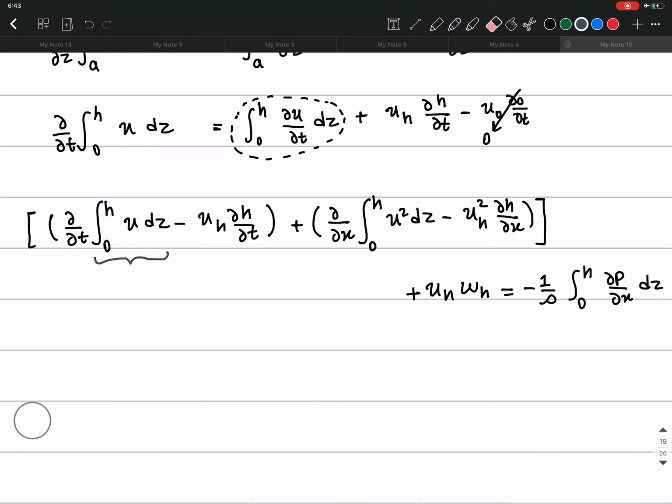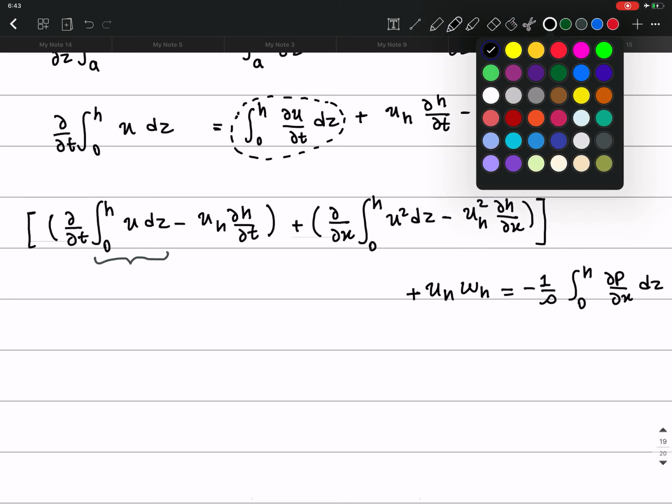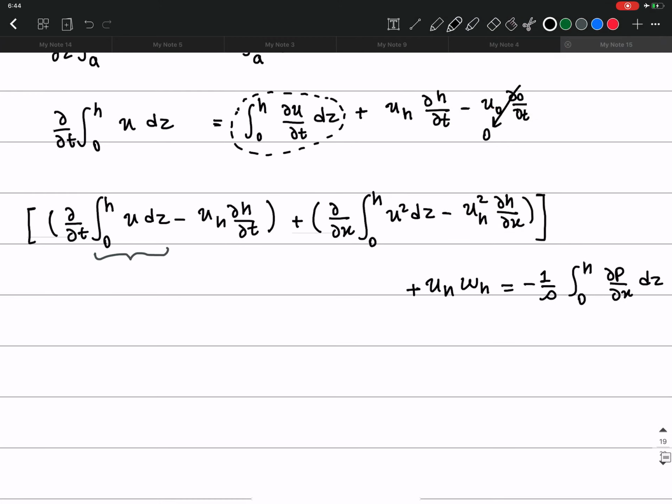So I can just write it down. So this is just u bar times h. And then the whole thing is gonna be partial u bar h over partial t. Okay.